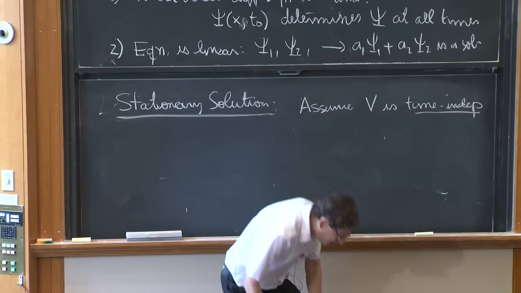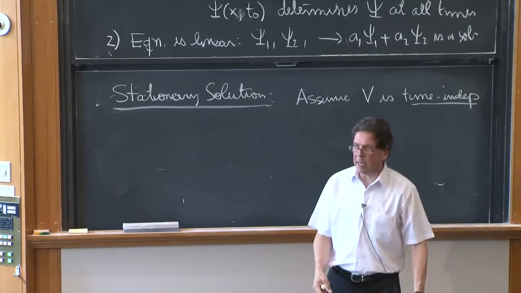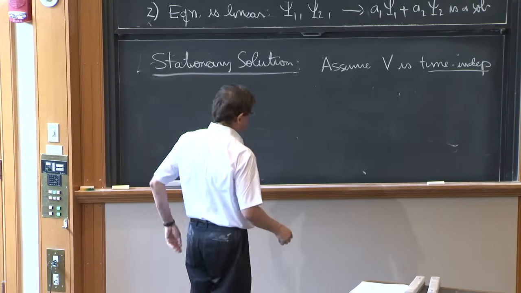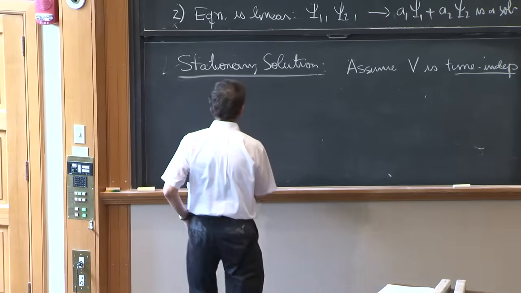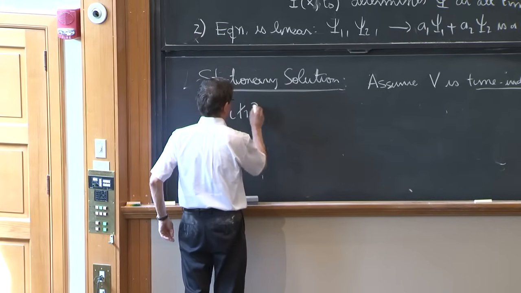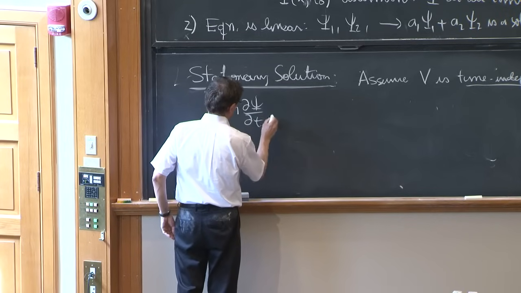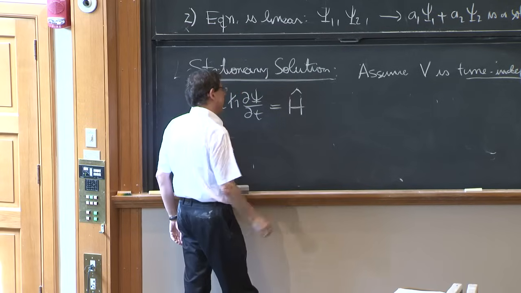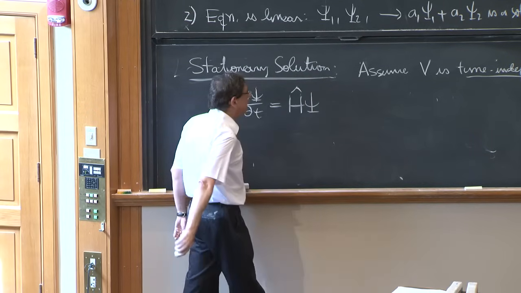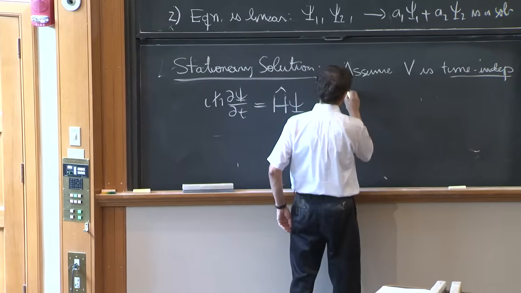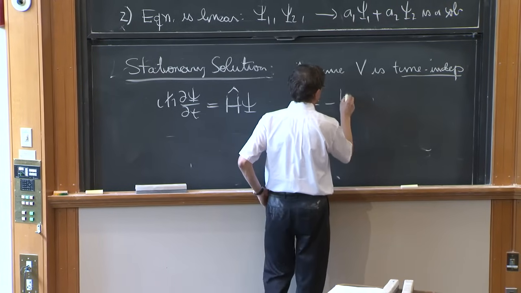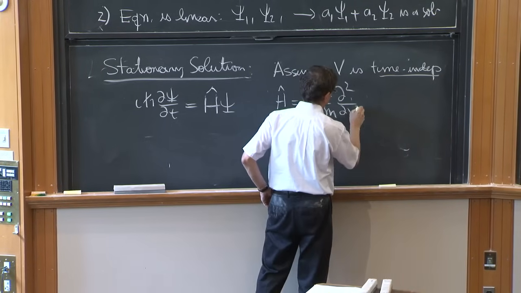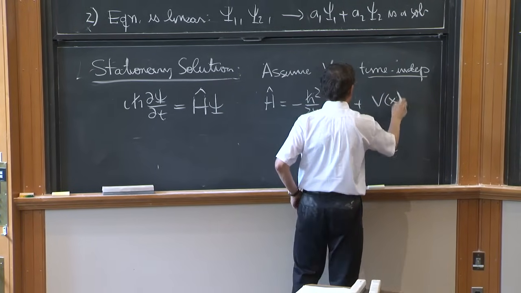The case is sufficiently important that we may as well do it. So in this case, the Schrodinger equation is written as i h bar d psi dt equals H hat acting on psi, and H hat at this point is nothing else than minus h bar squared over 2m second derivative with respect to x plus V of x.